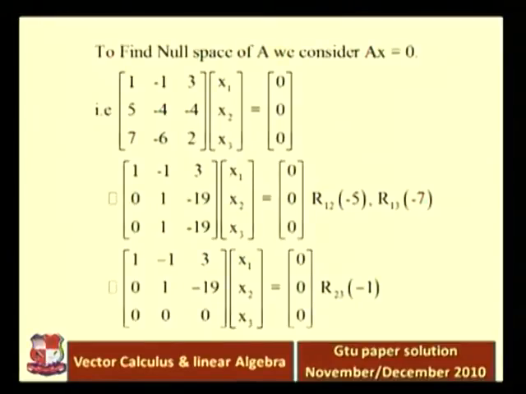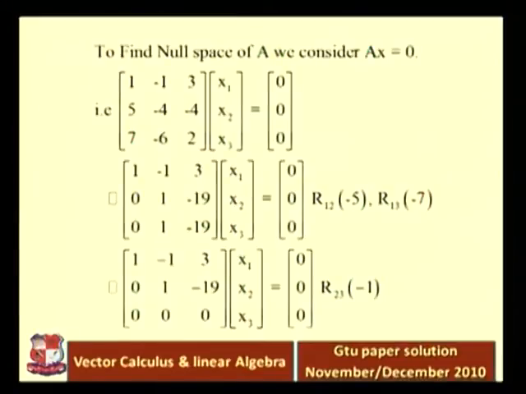To find the null space of A, we consider Ax equal to 0. So [1 -1 3; 5 -4 -4; 7 -6 2] times (x1, x2, x3) is equal to (0, 0, 0).